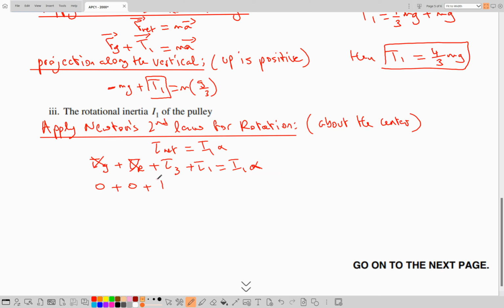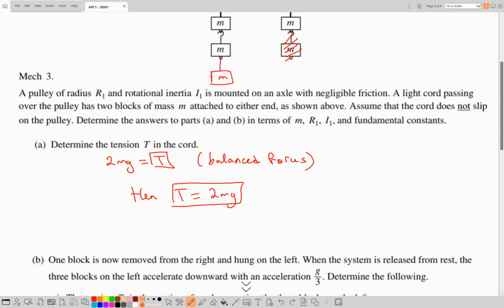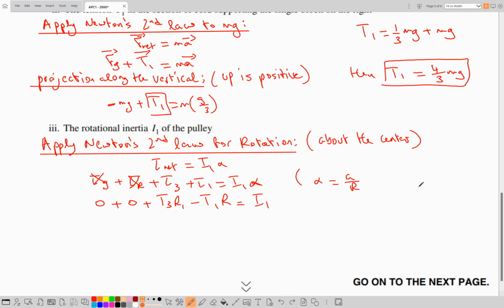Then here we have T3 multiplied by R1 minus T1 multiplied by R1 is equal to I1, but we know that in this case alpha is given by a divided by R. Because the type of motion is rolling without slipping, any angular variable of motion can be related to any translational variable of motion.